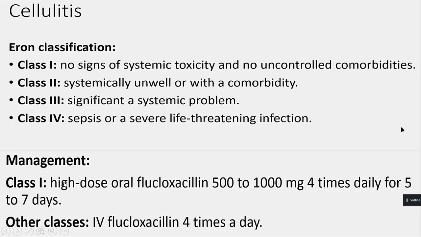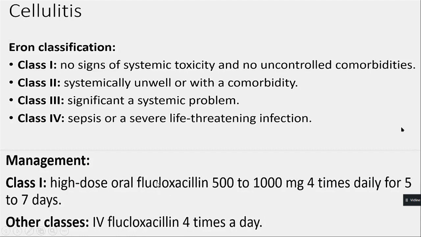Class 1 means high dose oral flucloxacillin, 500 to 1000 milligram 4 times daily for 5 to 7 days. Other classes will be IV flucloxacillin 4 times a day. So here you have to be familiar with it.